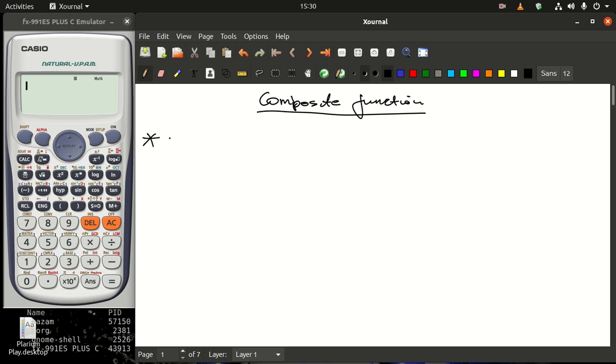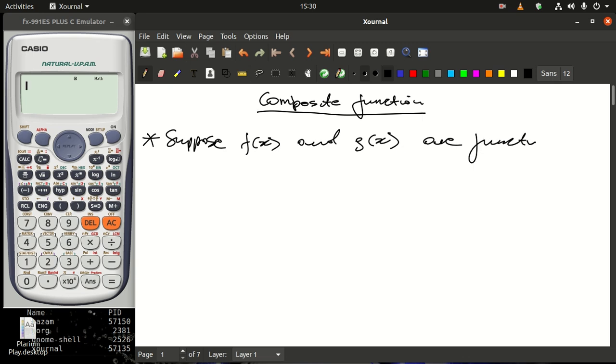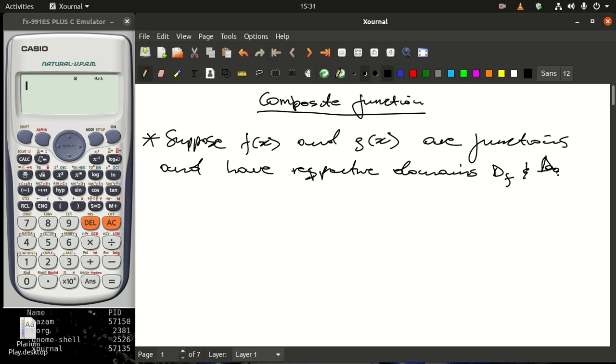So the first thing that I want us to suppose is that f of x and g of x are functions, and have respective domains d of f and d of g.